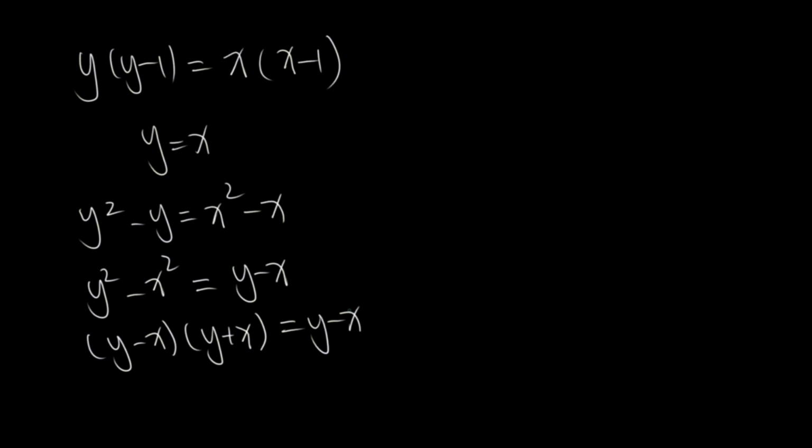Then after I have finished this step, I also discovered we have a common factor, y minus x. So taking out the common factor, now we have come to this expression. So now the answer is pretty obvious.